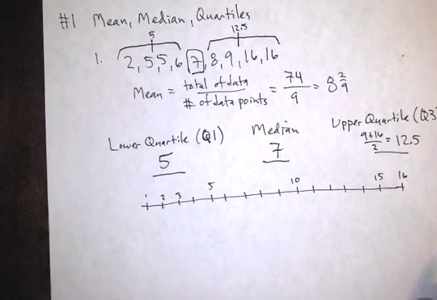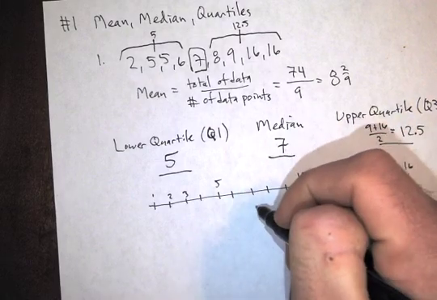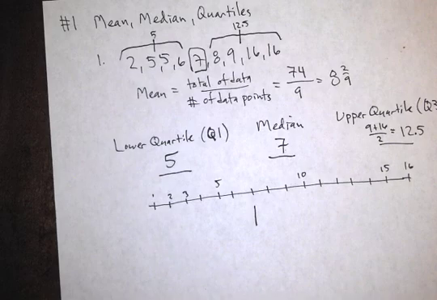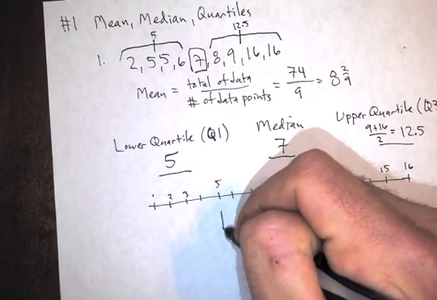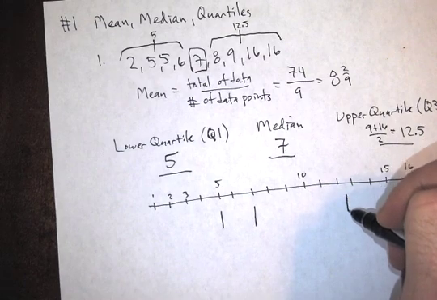I didn't put every number on it, but we're going to make a box and whisker. Put a line at the median, 7. Put a line at your lower quartile, 5. Put a line at your upper quartile, 12.5.